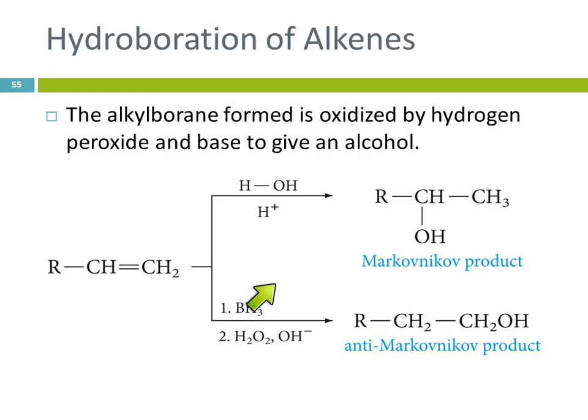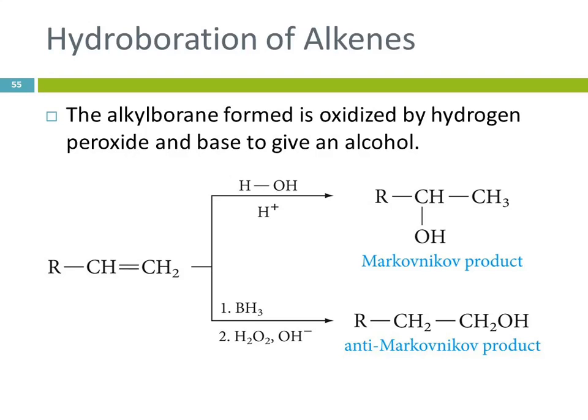But when we use BH3 and peroxide and a base, the OH adds to the other side. If we want to make this alcohol as opposed to that one, this is very, very useful.